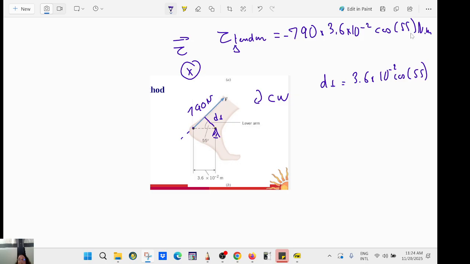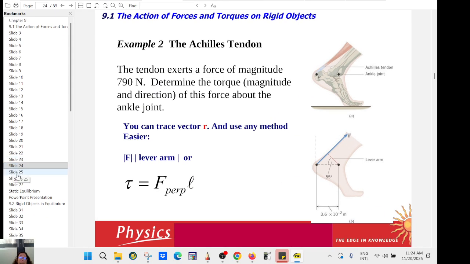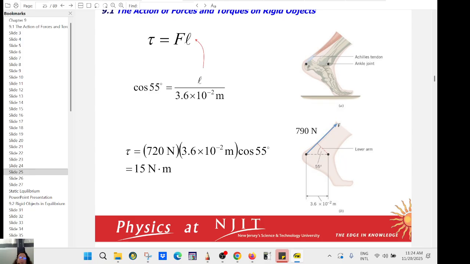This is the magnitude. Now you can do it a different way. You can get the perpendicular instead, and you will get the same thing. It will also be a sine of 35, so it will be the complementary. Any questions? So the answer is 50 Newton meters.